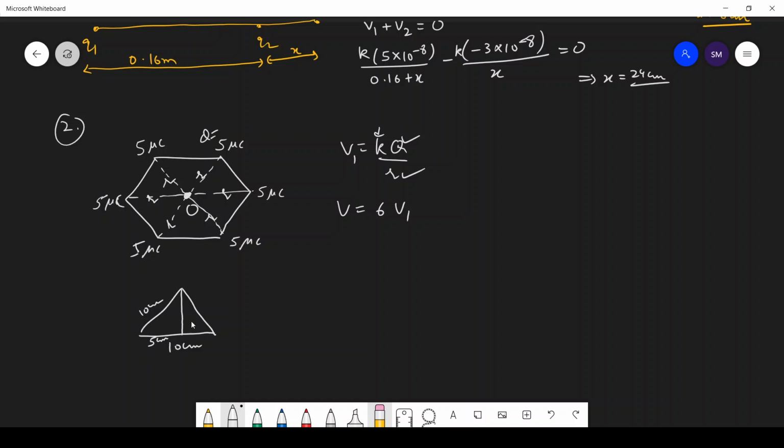This side is 5 centimeter. We don't need this side, right? This is R, and this is 10, so this will also be 10. So R equals 10 centimeter. We don't need this perpendicular, right?